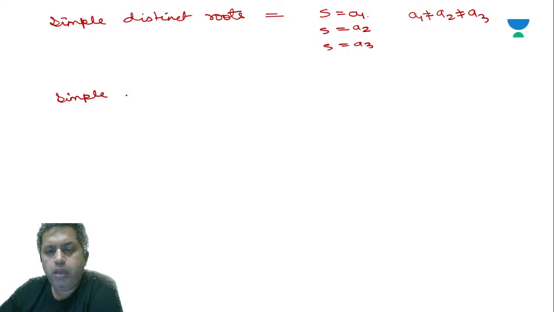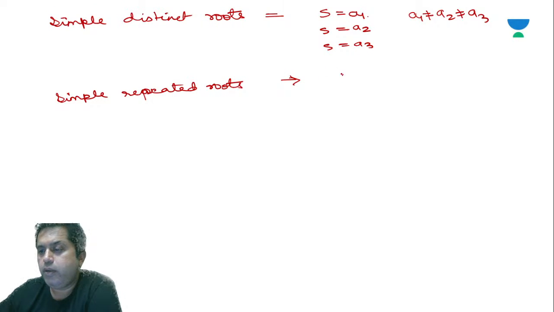Simple repeated roots. These are nothing but s equal to a, s equal to a, s equal to a.